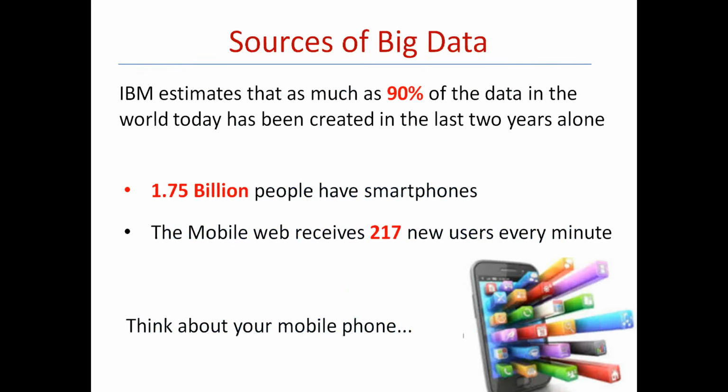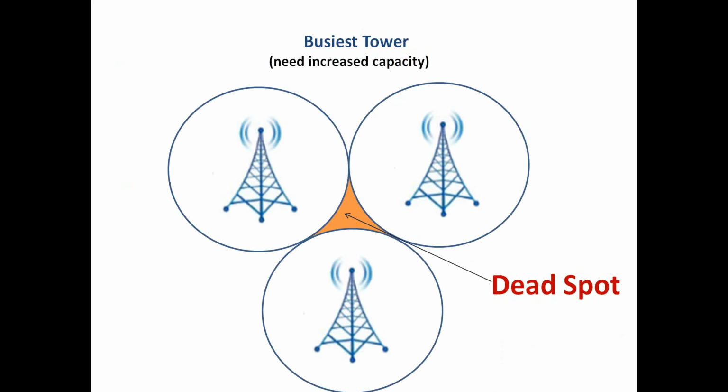Looking at sources of data, you understand data comes from a lot of sources. So most people today have smartphones, and you know what a smartphone can do. It can do a lot of smart things. So forget about a smartphone. Think about a normal mobile phone, a very basic mobile phone. So whenever you switch on your mobile phone, it starts getting signal reception from a nearby tower. So when you're traveling from one place to another, the signal reception will switch from one tower to a different tower.